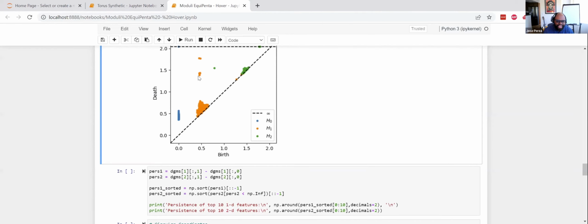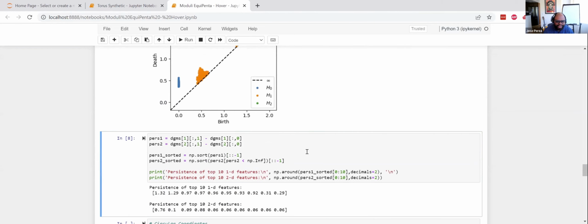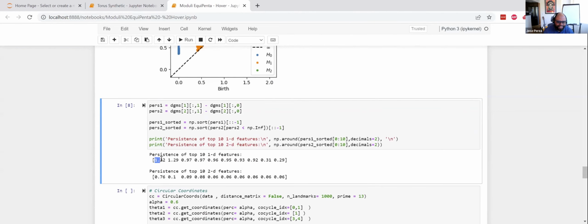How do I know that you have 8 little dots in here? Because you can just compute how many things you have that are large. So 1, 2, 3, 4, 5, 6, 7, 8. So I have 8 dots that are very far from the diagonal, and the other ones are very close. And the same in dimension 2.